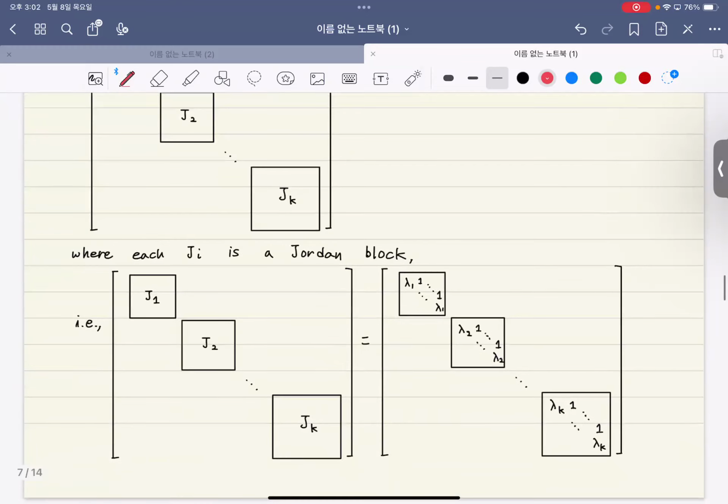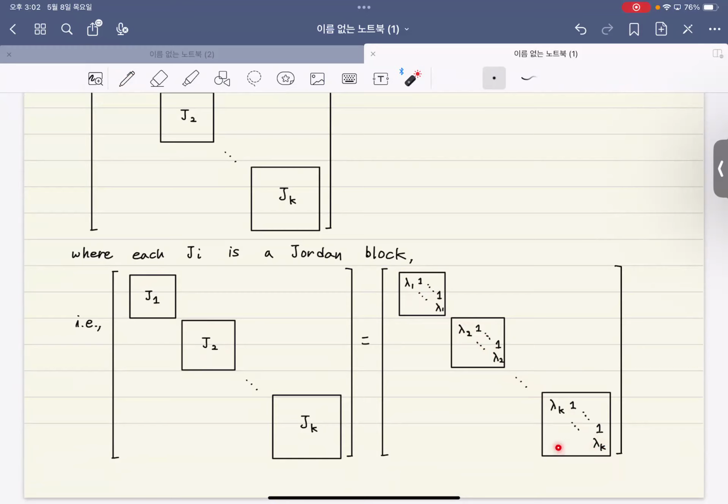Each of these Jordan blocks can be of any arbitrary size and any eigenvalue, and these eigenvalues may or may not be the same.